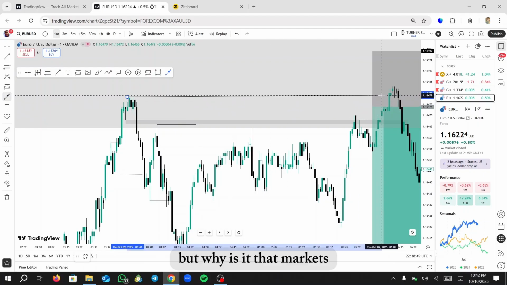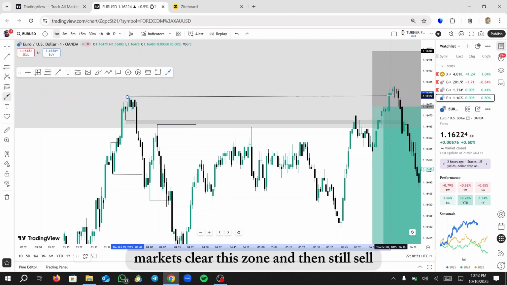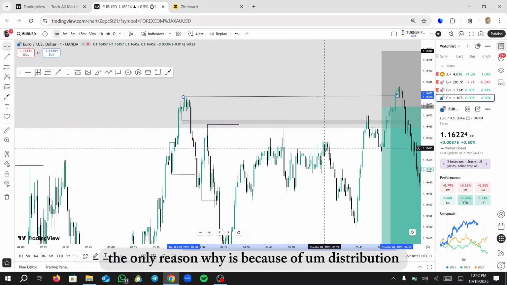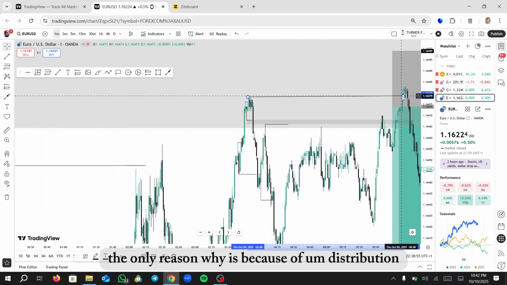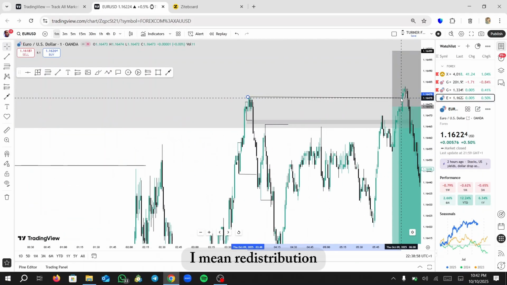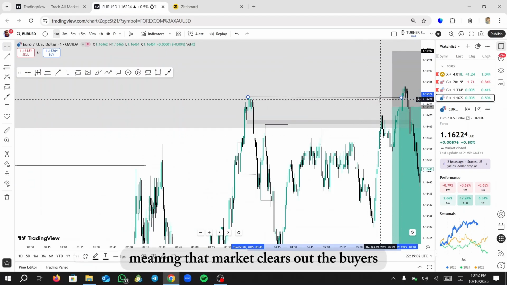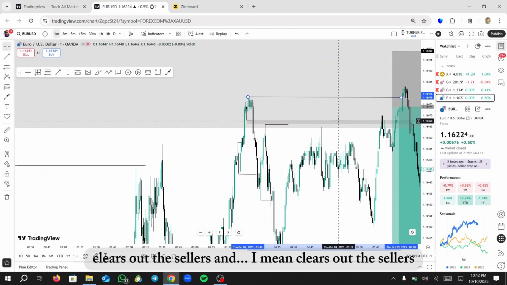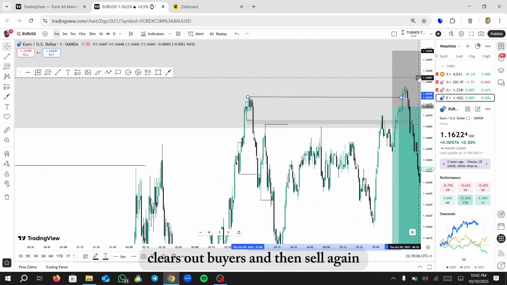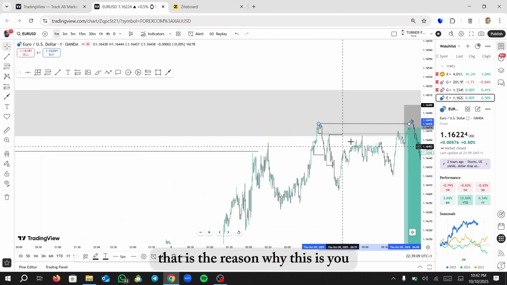But why is it that the market clears this zone and then still sells? The only reason is redistribution, meaning that the market clears out the buyers, clears out the sellers, clears out buyers, and then sells again. That is the reason why this trade sold.